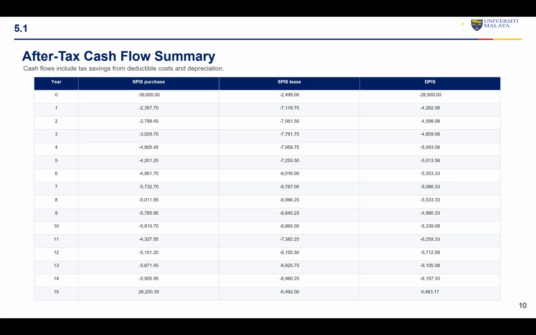SPIS purchase and DPIS include the terminal salvage value in year 15, while the lease alternative includes the effect of the refunded deposit. These after-tax cash flows are then discounted at the same 10% MARR to calculate after-tax present worth.